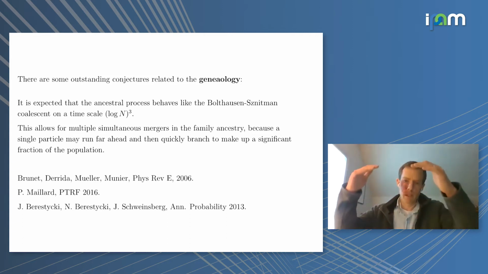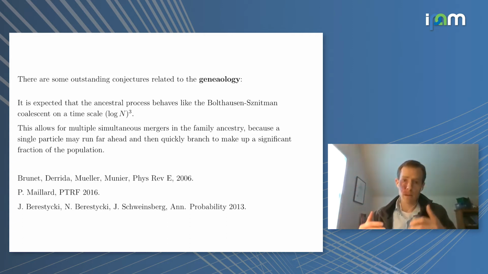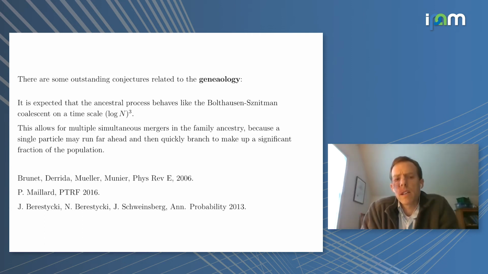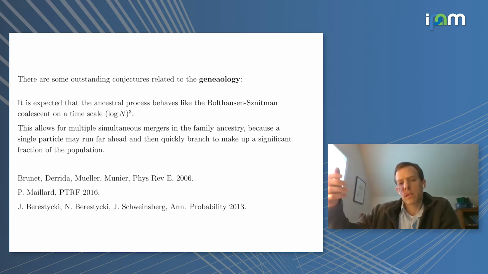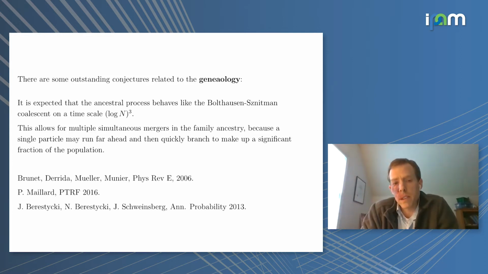So here we're thinking about the ancestry looking backward in time, where family lines merge. And it's thought that this is due to the possibility of a single particle running very far ahead of the selection boundary and then quickly branching so that its offspring make up a significant fraction of the population.